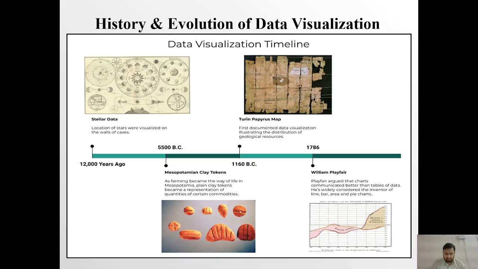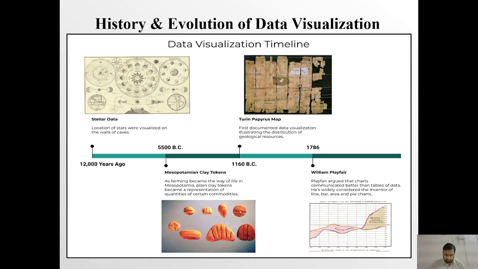The earliest form of data visualization was quite simple but very powerful. Early humans painted the positions of stars on the cave walls. 5500 BC, clay tokens. As farming developed, people needed a way to keep track of commodities like grain and cattle. They used clay tokens to represent quantities. This was one of the earliest ways of turning raw data into something we could see.